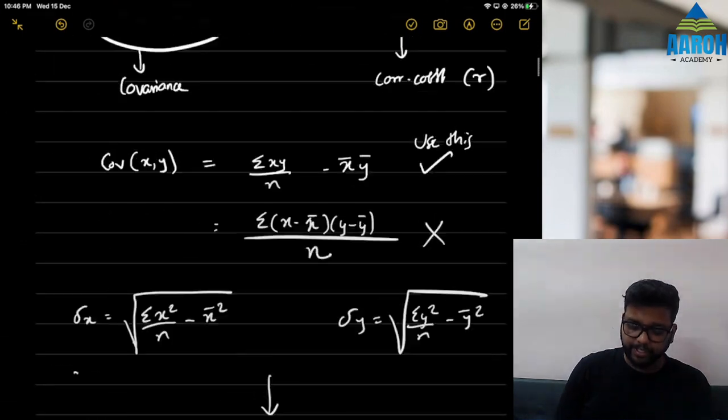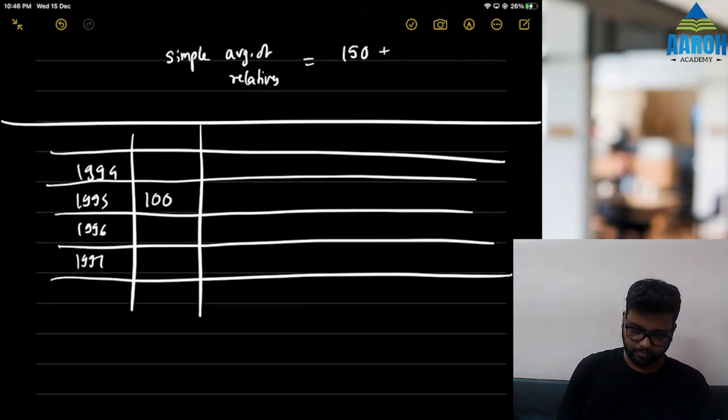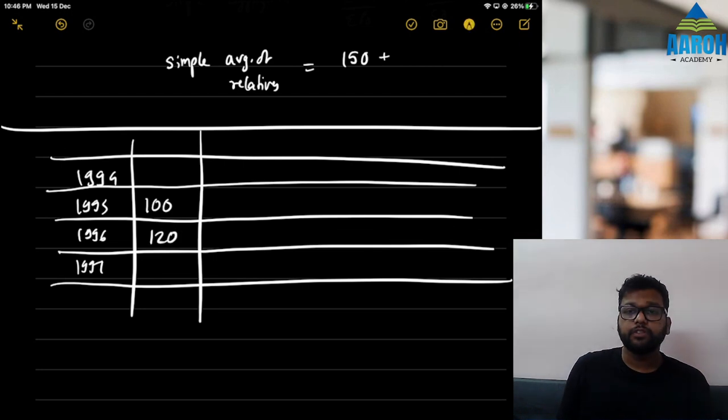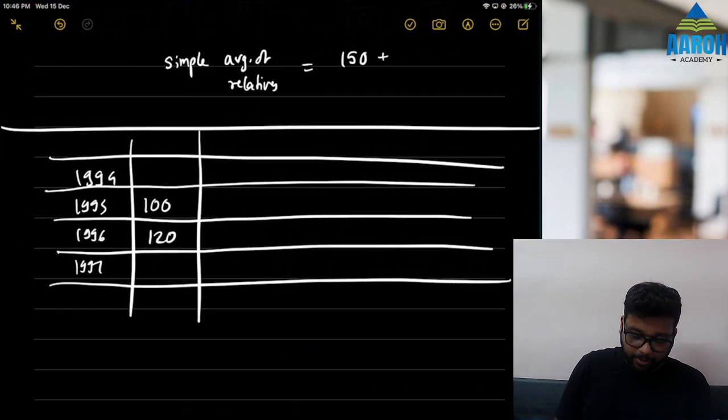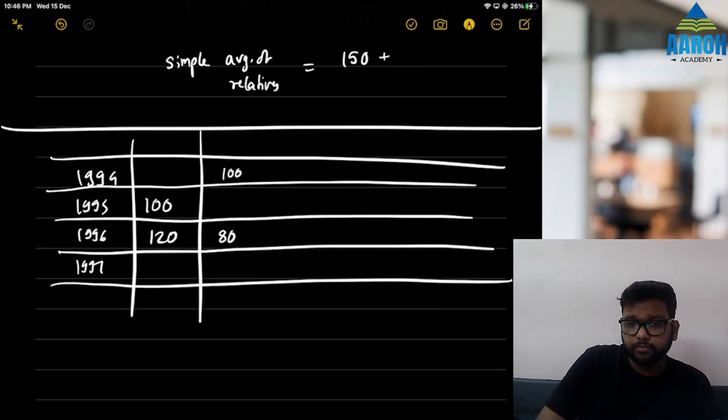That means 1996 will be how much? Can I say 120? But it was 20% less than 1994. That means if this was 100, then this is 80. Got it. Fine. Now can you cross multiply and find this?